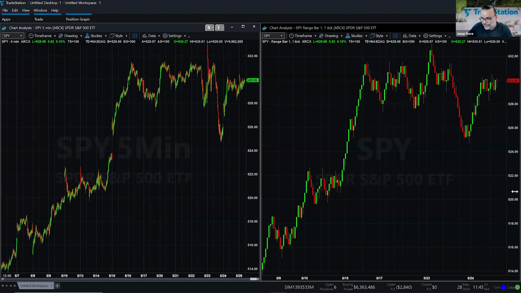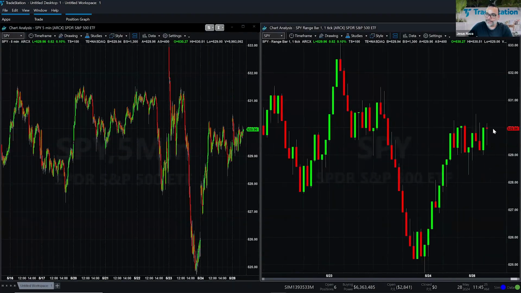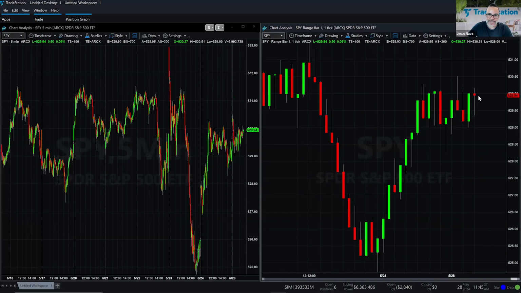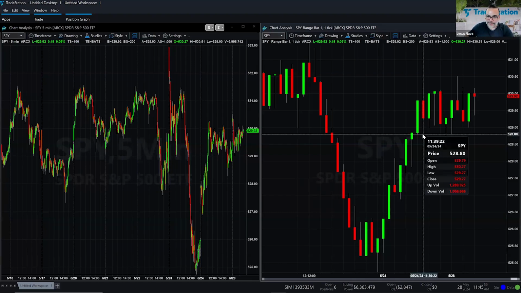It means that, going back here to my candle at the very end that does not have the 1 point range, when the candle meets the range of 1 point, range will automatically close it and start the new one. And that's the reason why the open and the close that you see from candle to candle are going to be exactly the same. Let me demonstrate. What's the closing price here?